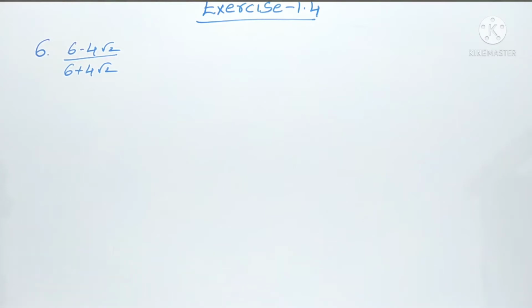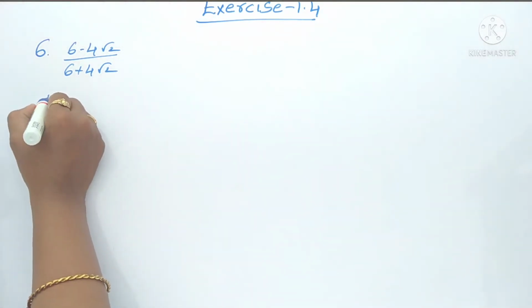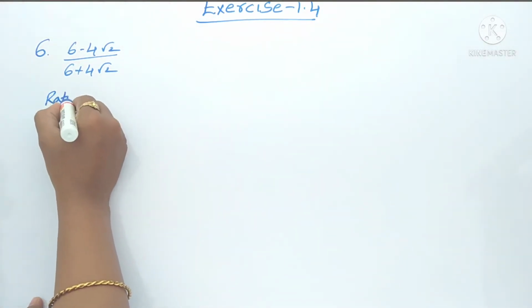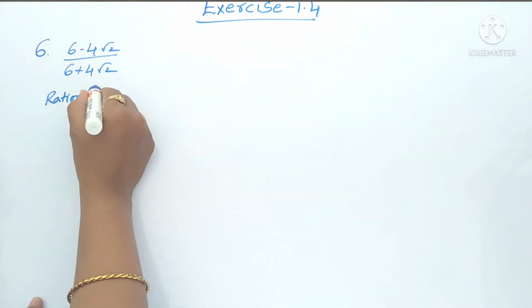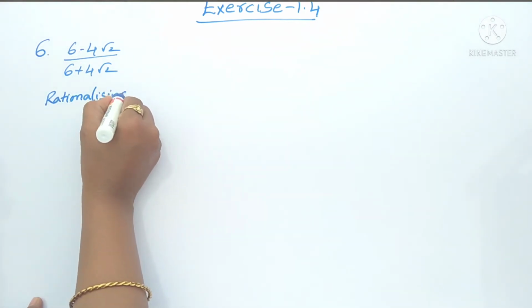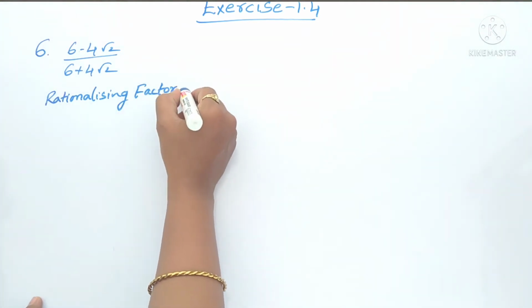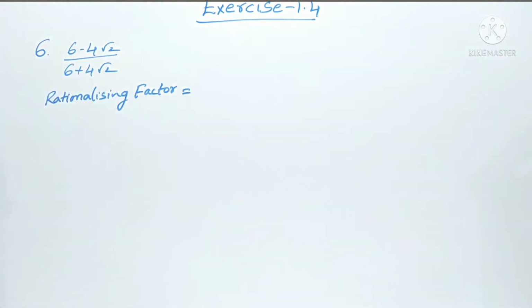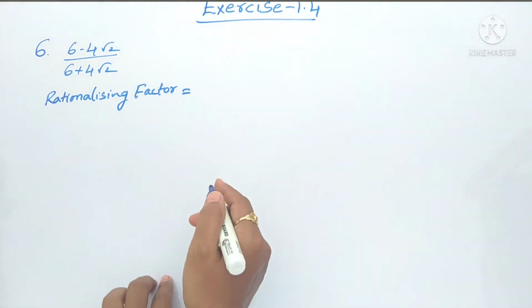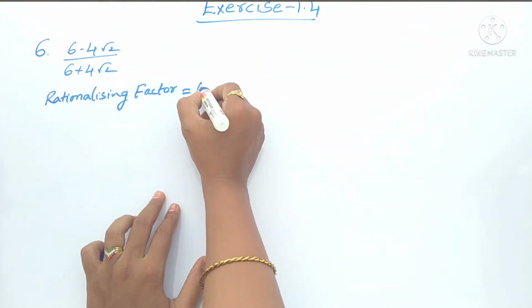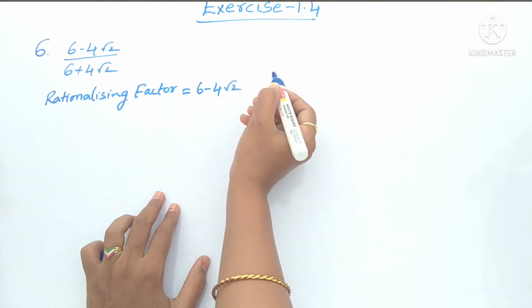Okay. So first here, if in the denominator there is plus, the rationalizing factor will become minus. That means between two terms. So here 6 plus 4 root 2 is there, no? So rationalizing factor is equal to 6 minus 4 root 2.